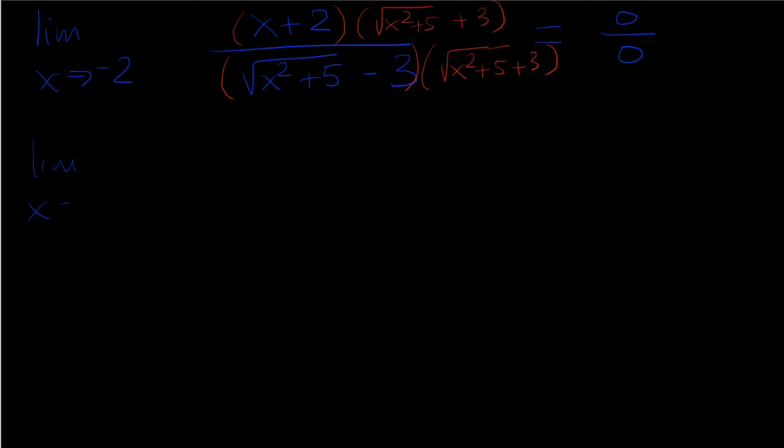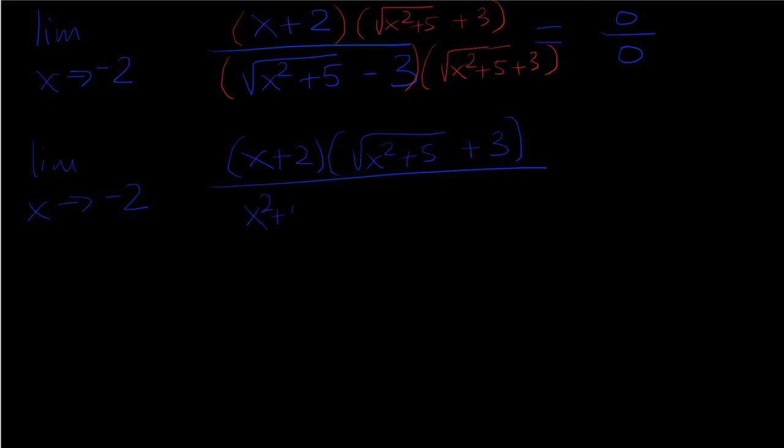The limit as x approaches negative 2. I'm going to leave the top the same because eventually that's going to cancel out with the bottom. The bottom I have a difference of 2 squares, so the square root of x squared plus 5 will become x squared plus 5, and then we're going to have minus 9. I can simplify the bottom further because I have 5 minus 9, that's negative 4.